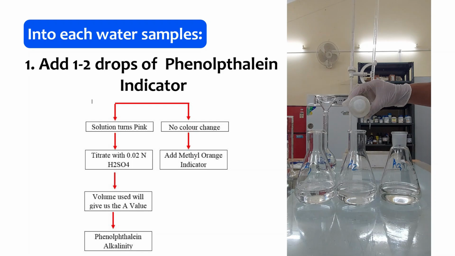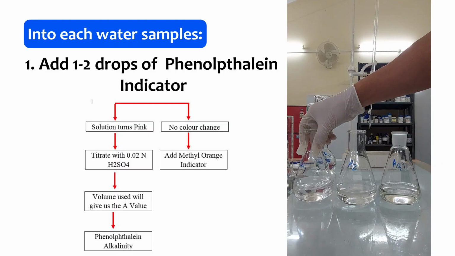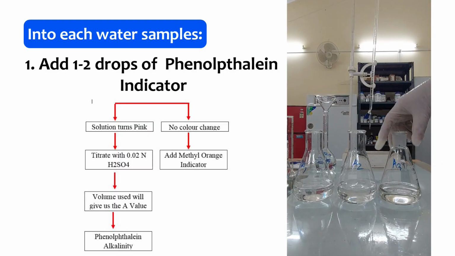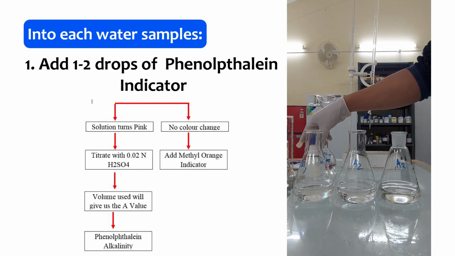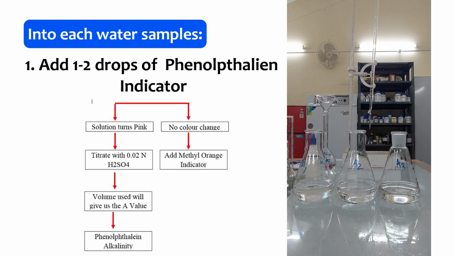After doing so, into each of the conical flasks containing the water samples, first add 1 to 2 drops of phenolphthalein indicator. For your information, there are two possibilities after the addition of phenolphthalein indicator. One is that the samples will turn pink in color, and the other is that the samples will remain colorless. If the water samples turn pink, then you have to titrate these samples with the 0.02 normality sulfuric acid till the pink color disappears.